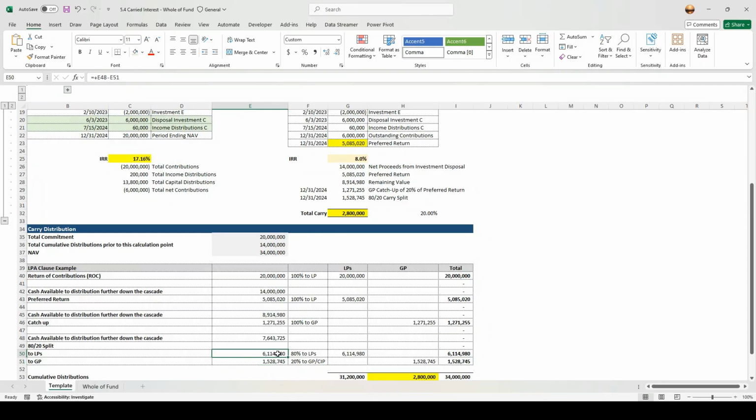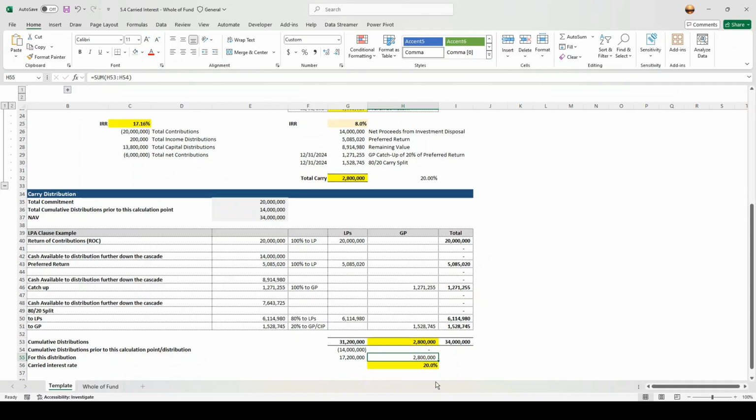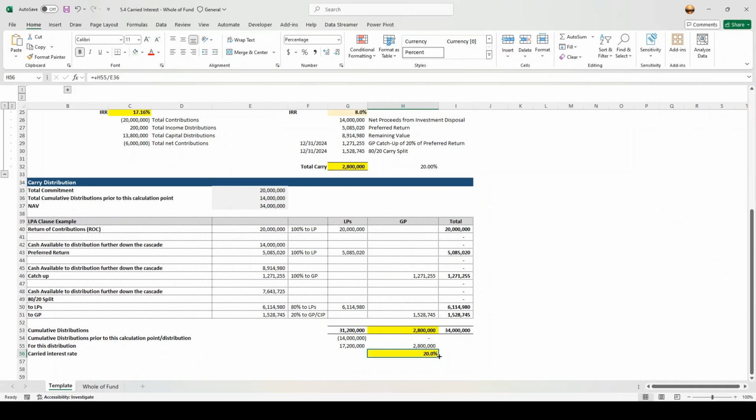And then LP will get 6.114 here. And by the end, we summarize all these distribution here, and perfectly we got $2.8 million. This ties to the carried interest that we calculated above, and then that is 20% of the carried interest.